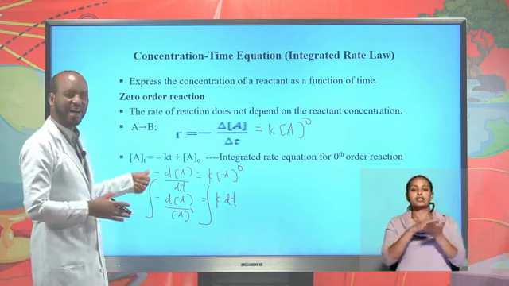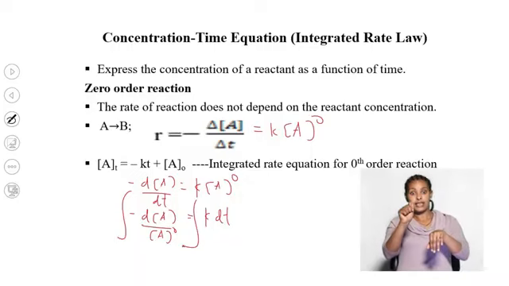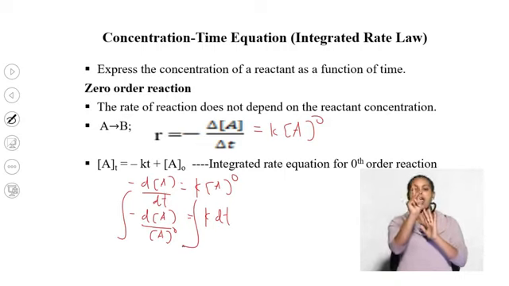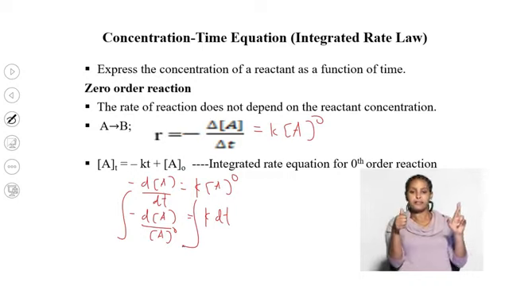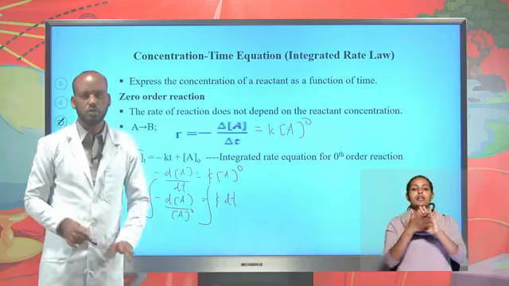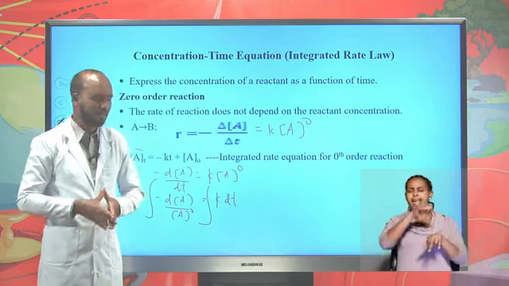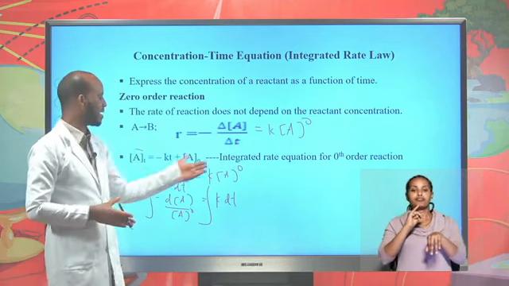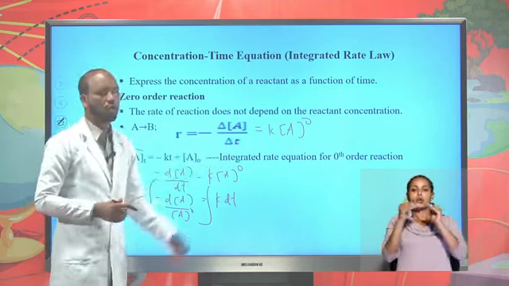[A] at any time t equals minus kt, where k is rate constant and t is time, plus [A]0, the initial concentration of the reactant A. This enables us to calculate concentration of the reactant at any time t. This is integrated rate equation for zero order reaction.